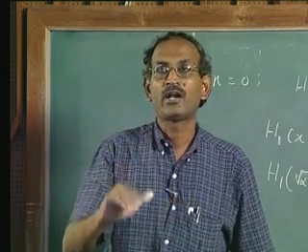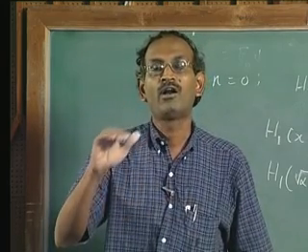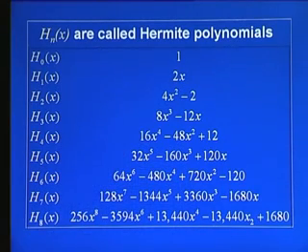Such alternating sets are called odd and even sets. The function h naught is known as an even function of x, the function h2 is known as an even function of x, h4 is known as an even function of x, whereas all the odd functions h1, h3, h5, etc., they are all called odd functions. Okay.